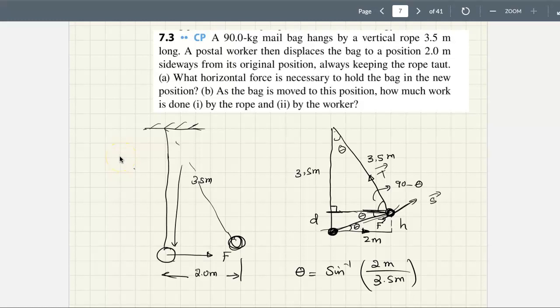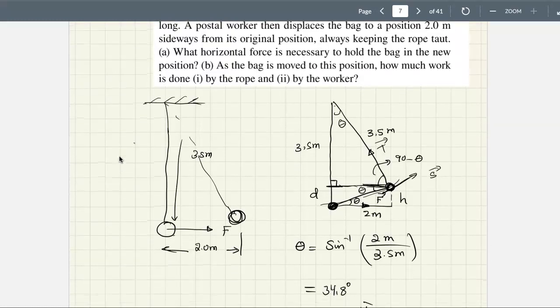A postal worker then displaces the bag to a position 2 meters sideways from its original position, always keeping the rope taut, which means the length is not going to change. What horizontal force is necessary to hold the bag in the new position? As the bag is moved to this position, how much work is done by the rope and by the worker?